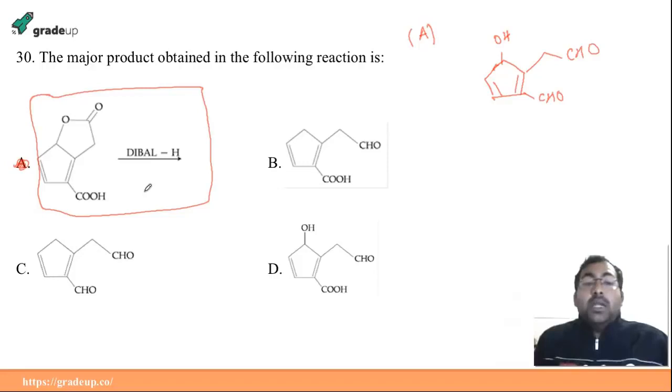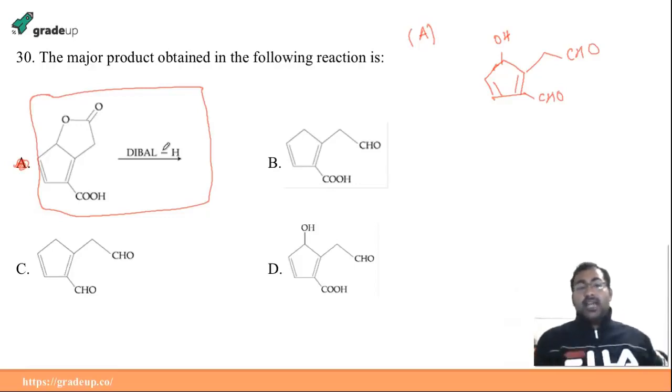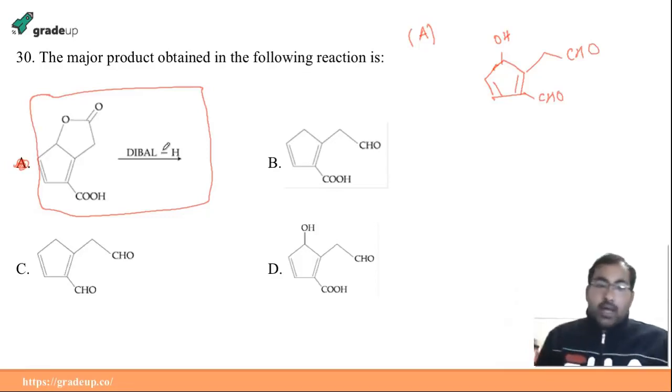What does it do? DIBAL-H converts your acid into CHO, right? It converts the acid into CHO, it reduces the esters as well. It reduces acids, esters, lactones, amides, carboxylic acids, everything it reduces, and it gives a partial reduction.